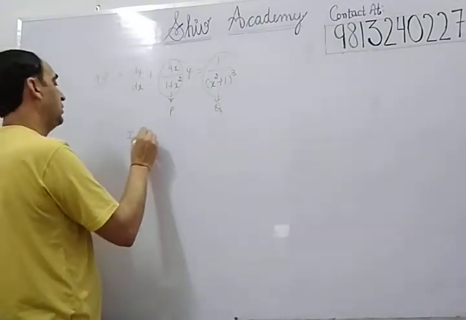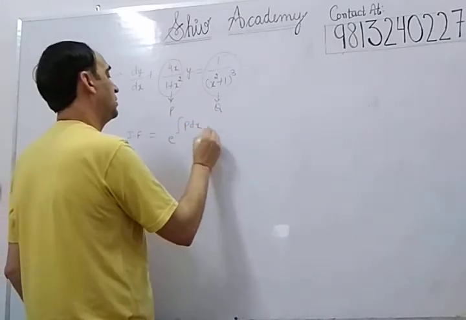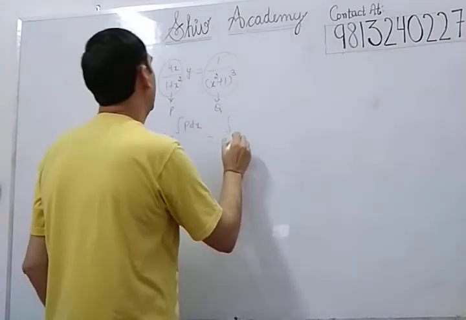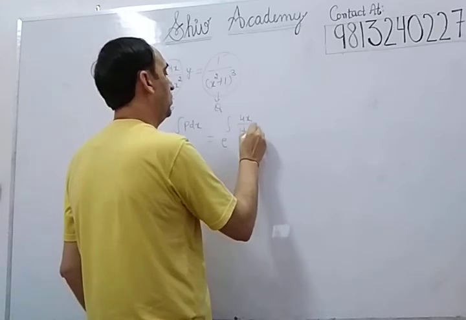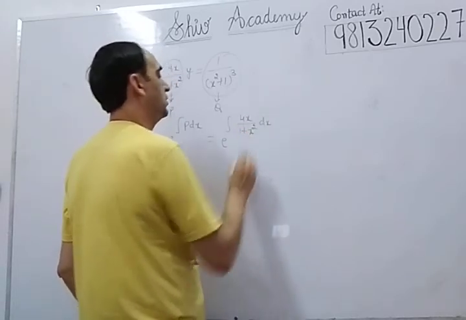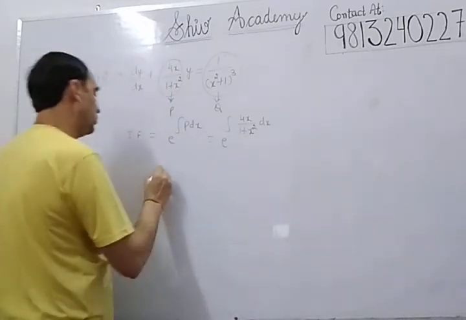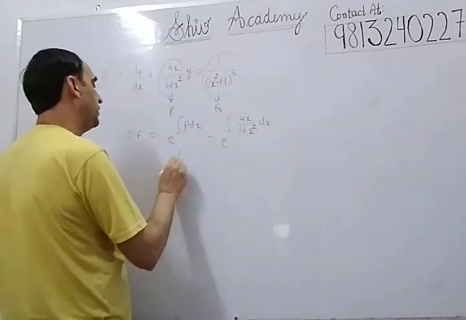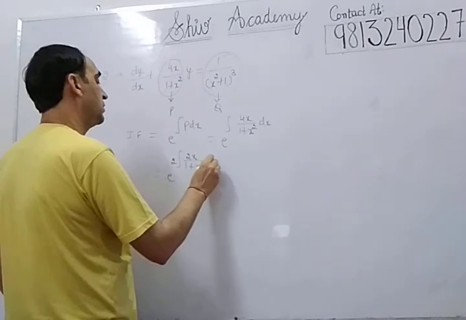Integrating factor is equal to e to the power integral p dx. So it is e to the power integral 4x upon 1 plus x square dx. You can write it as e to the power 2 times integral 2x by 1 plus x square dx.